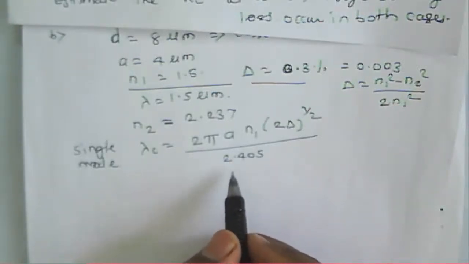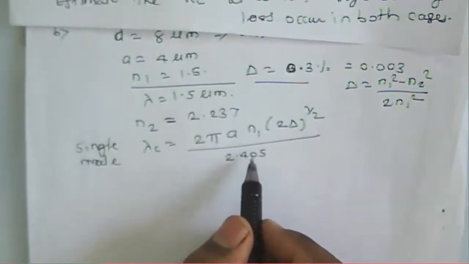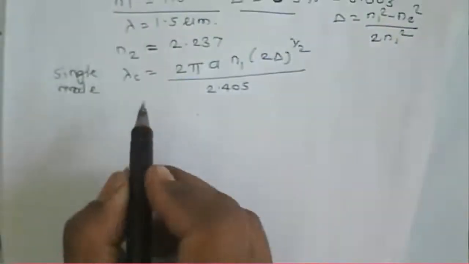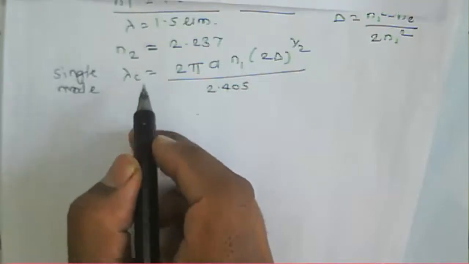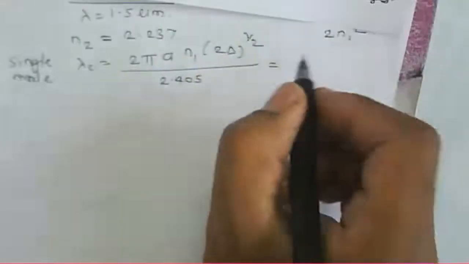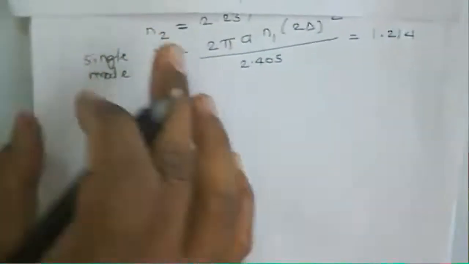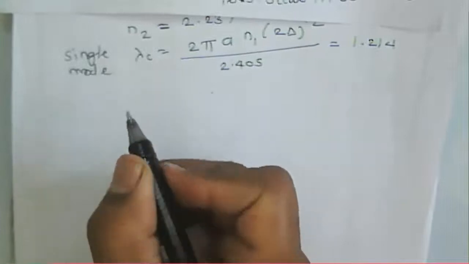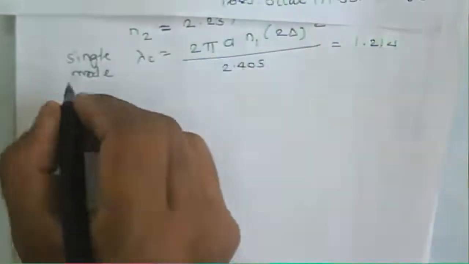That is the cutoff V number for a single mode fiber. It will operate at 2.405, so that we can calculate that cutoff wavelength. So put all the values, we will get lambda c is equal to 1.214 as the answer for this cutoff wavelength. A is what? 4 micrometer.